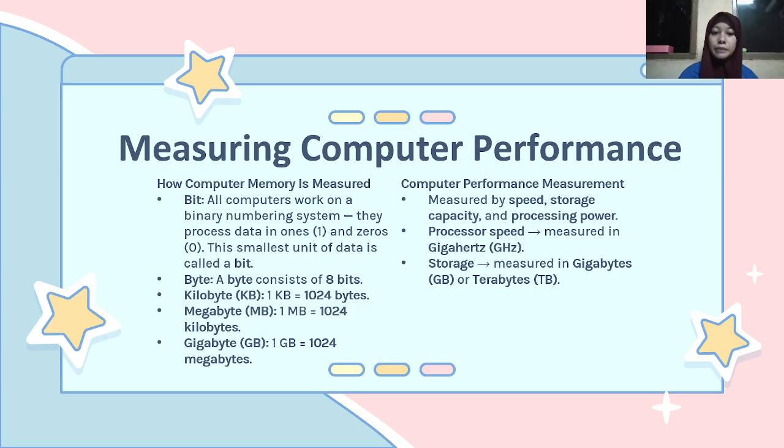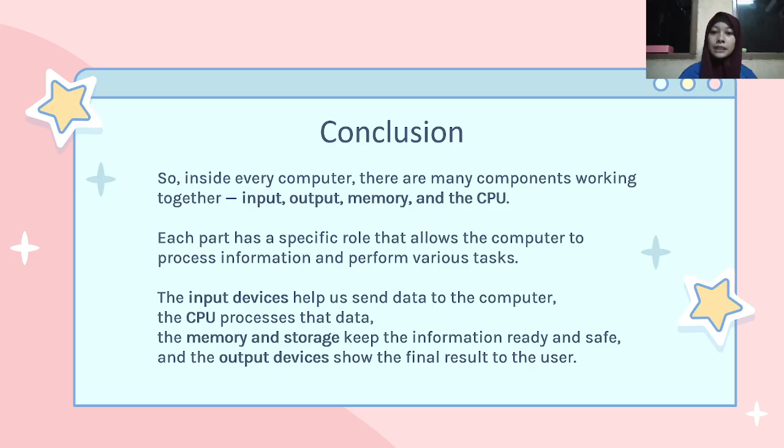And there is gigabyte, where 1 gigabyte equals 1024 megabytes. And here there is computer performance measurement, where a computer is measured by speed, storage capacity, and processing power. Processing speed is measured in gigahertz and storage is measured in gigabytes or terabytes.